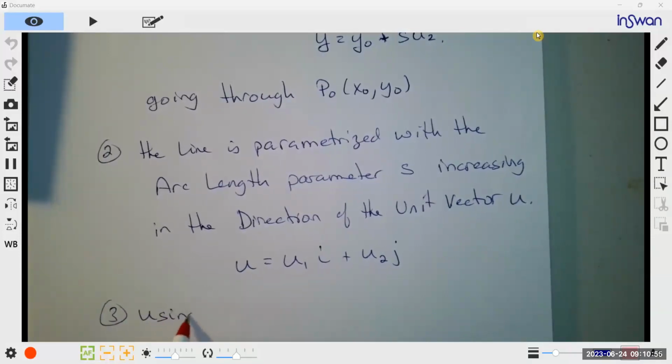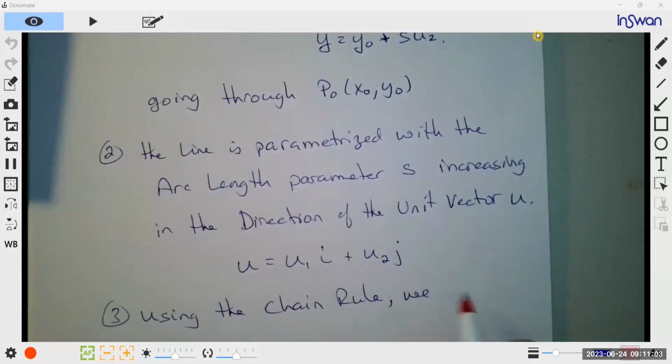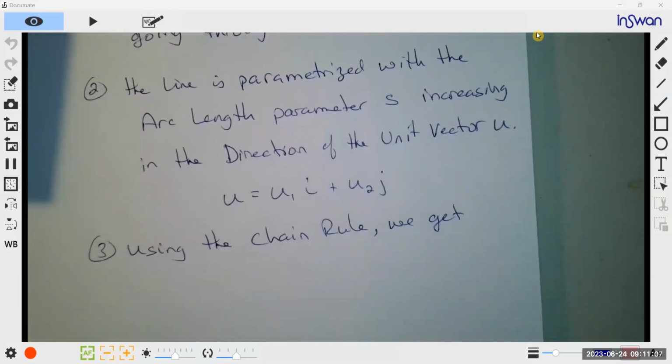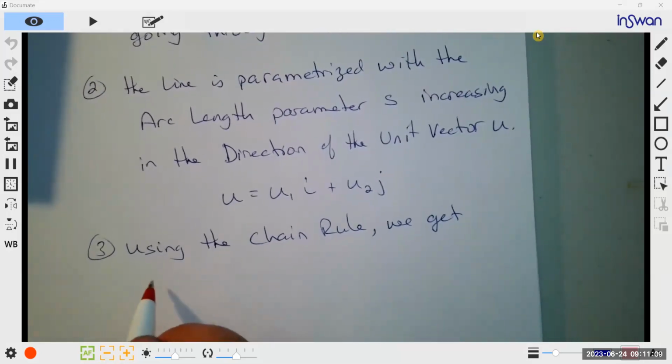Then, using the chain rule, we get this.